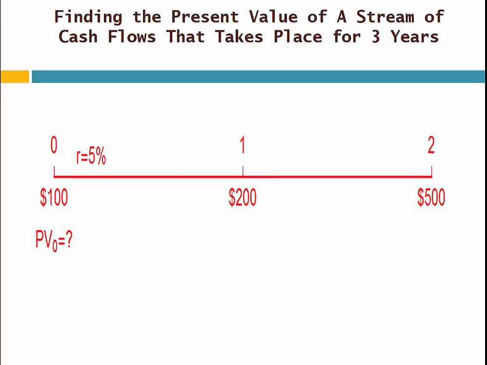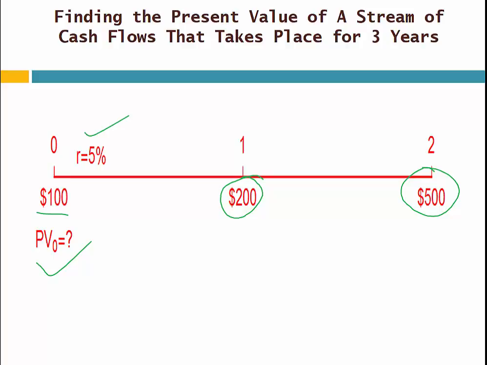So now let's get to a more general example, in which case we have multiple cash flows, which is case 2 in my initial explanation. Here, instead of having one cash flow, we have three cash flows: 100, 200, and 500. Now I'm asking you, what is the present value given that the interest rate is 5%?